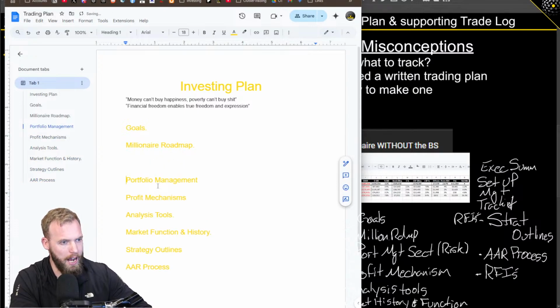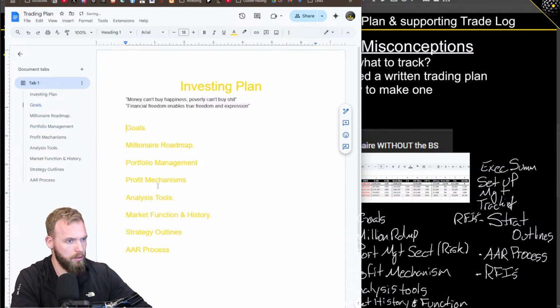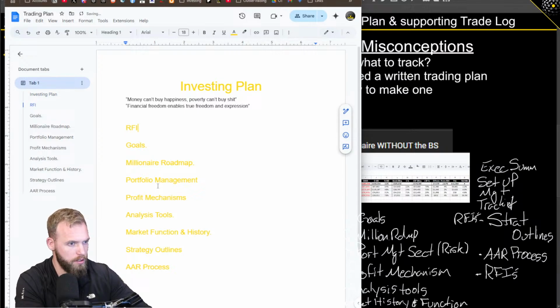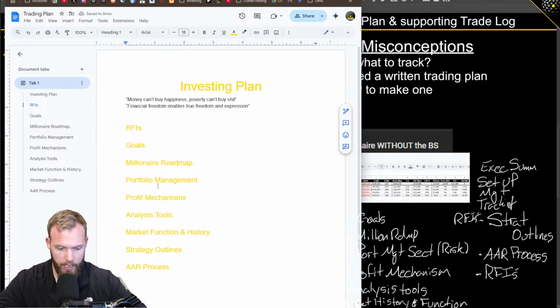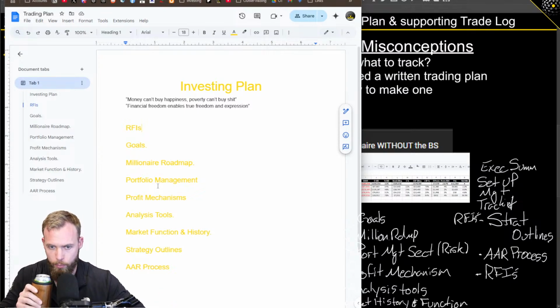And then I normally will have RFIs near the top, or I will have them in a separate Word doc or notepad. I don't keep them necessarily in the plan because I don't crack open the plan every single day.